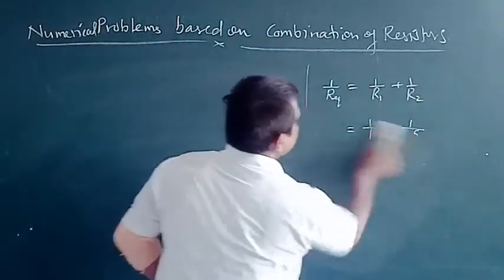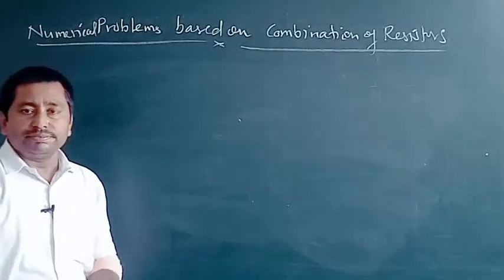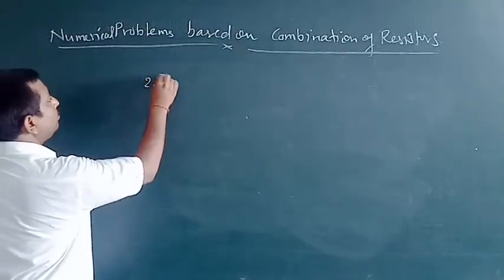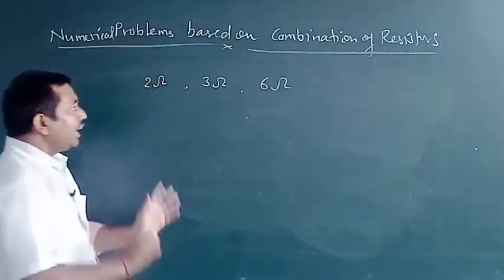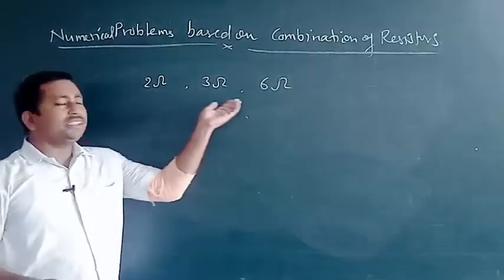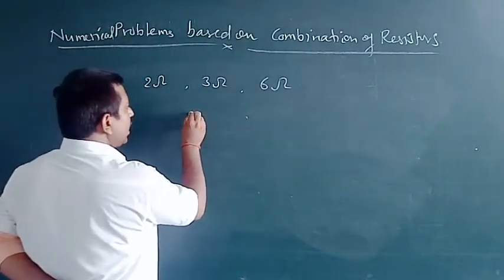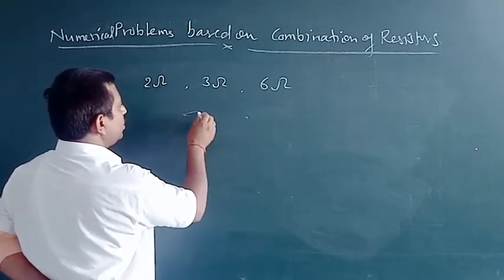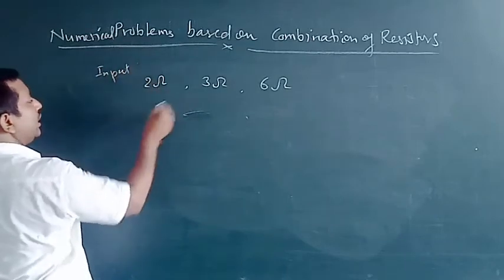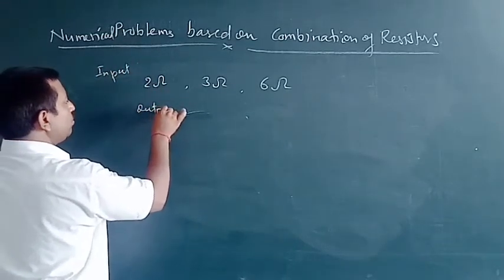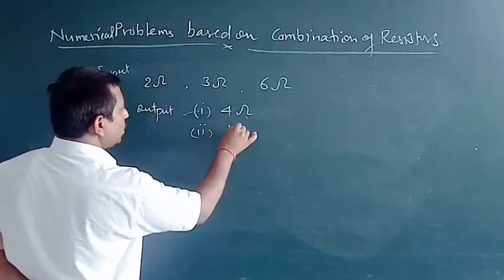Suppose that we have three resistors whose values are 2 ohm, 3 ohm and 6 ohm, and by connecting all these three resistors, we want to get the output as 4 ohm, and also as 1 ohm.